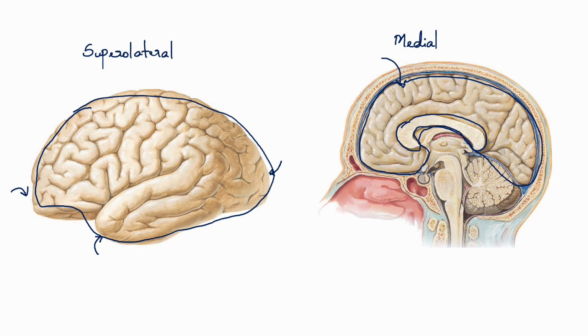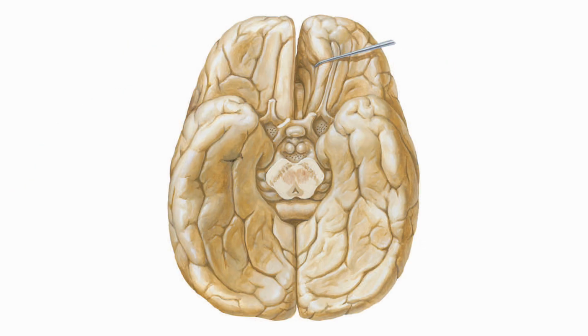Lastly, we can identify the inferior surface. Inferior surface, it is irregular to adapt to the floors of anterior and middle cranial fossae. This is the inferior surface. It is divided into two parts by a deep horizontal groove or sulcus, which is located over here. The sulcus present in its depth is known as the stem of lateral sulcus.